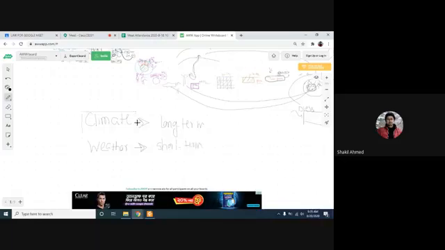When you refer to climate, you refer to the long term trend, and when we refer to weather, that's the short term condition.